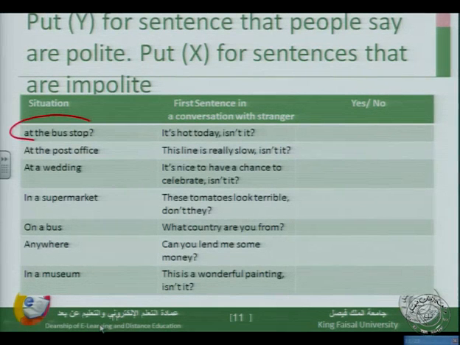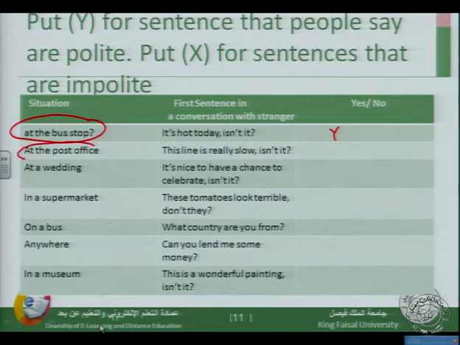For example, this is one situation at the bus stop. At the bus stop, everyone stops at the bus stop, right? Then you ask, it's too hot today, isn't it? Yes, it is. So yeah, we do this. We can ask about the weather at the bus stop.